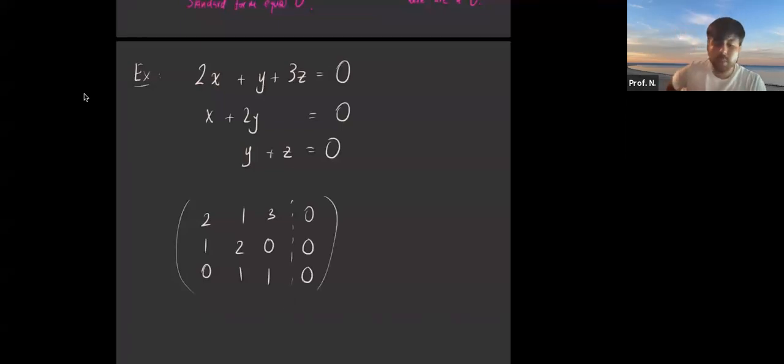So in a homogeneous system, when I write it in augmented matrix form, I get a column of zeros at the very right of it.